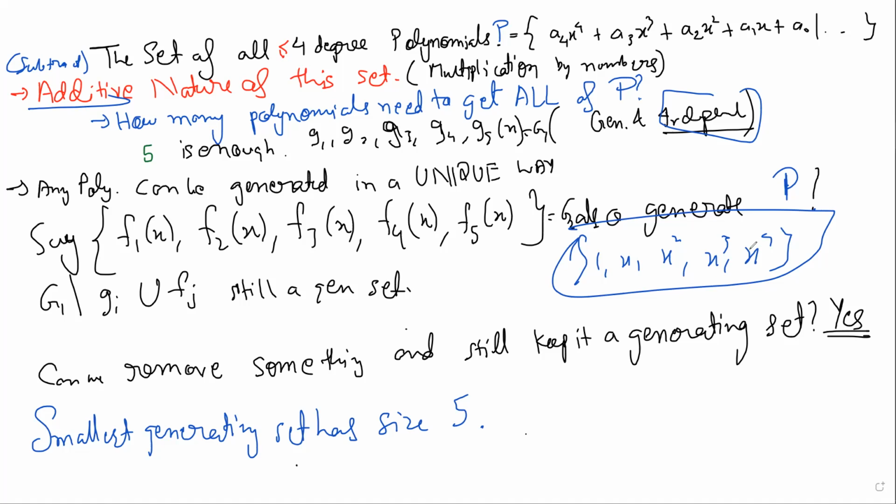So you can hold on to this minimal set, and then you can show that every other generating set that claims itself to be the smallest has to be of size 5. Okay, so we have shown that 4 polynomials can never be used to generate all 4-degree polynomials. You need at least 5 polynomials.